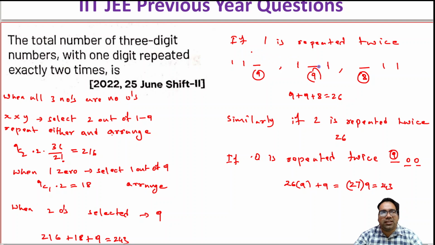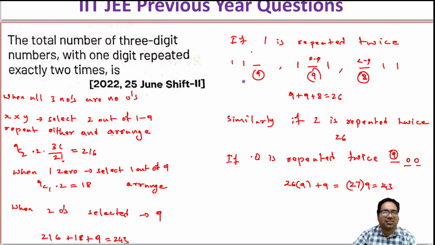Similarly, if 1 is repeated in the first and last places, this will again have 9 options, 0 to 9 excluding 1. But in the last case we cannot include 0 because we are looking for three-digit numbers, so it will be 2 to 9. 0 and 1 we have to exclude. So we have 8 options. So the total number of numbers where 1 is repeated exactly twice will be 9 plus 9 plus 8, which is equal to 26.